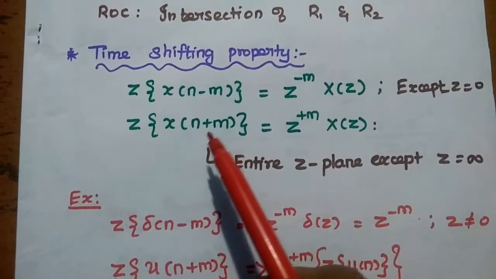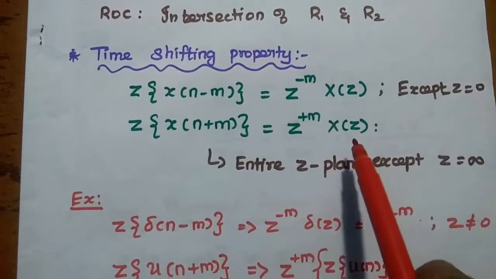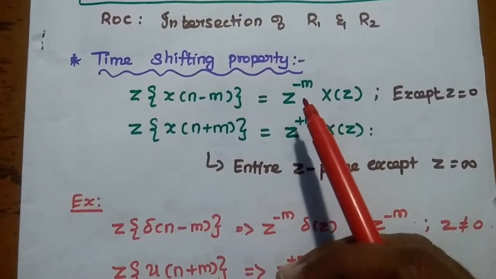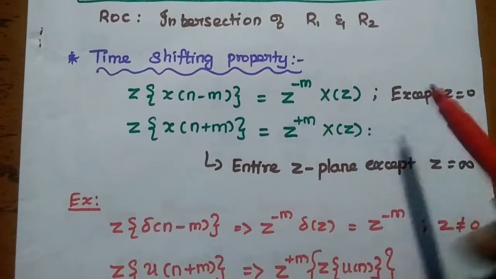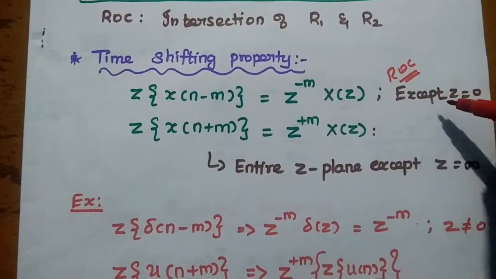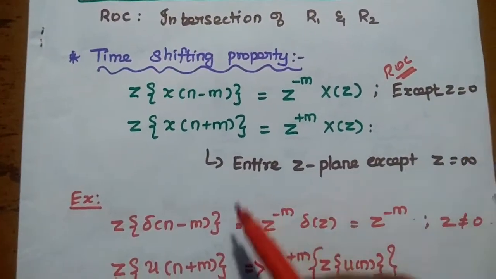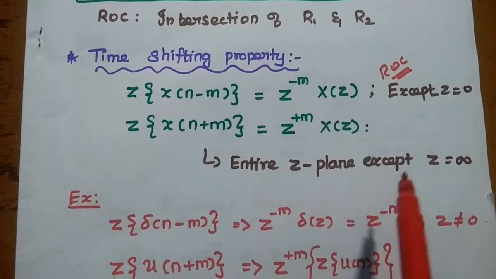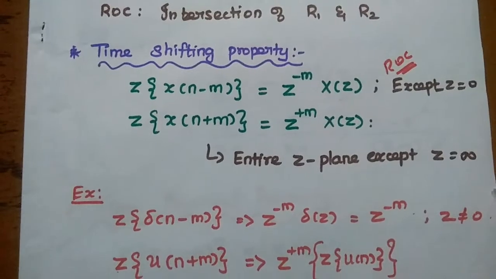If it is x of n plus m, the transform is multiplied by z power plus m. In case of n minus m, the ROC is the entire z plane except z equal to 0. If it is plus m, the ROC is the entire z plane except z equal to infinity.